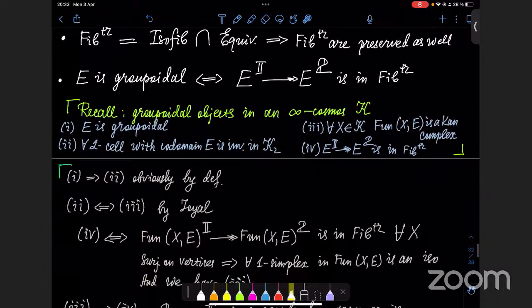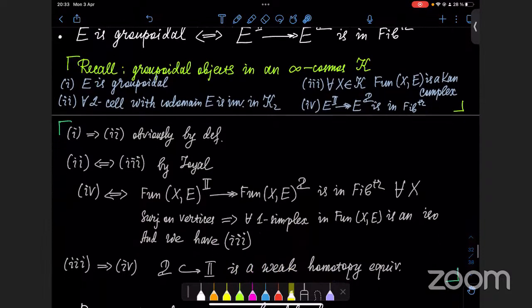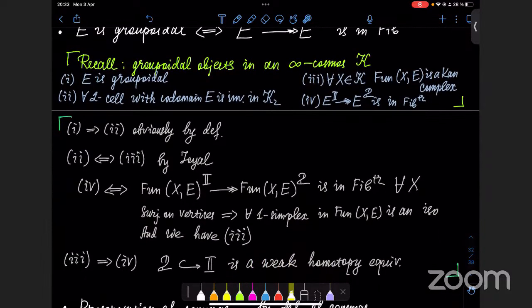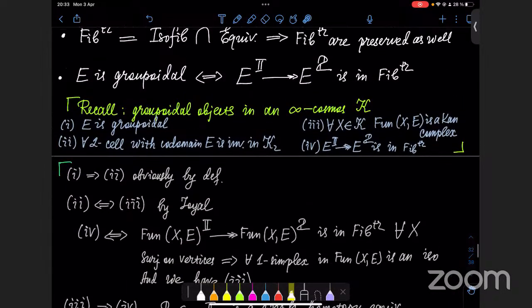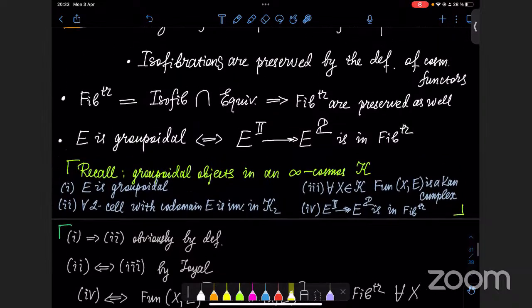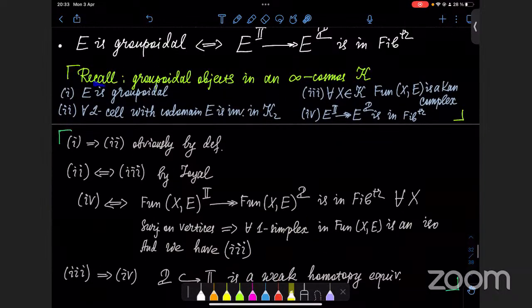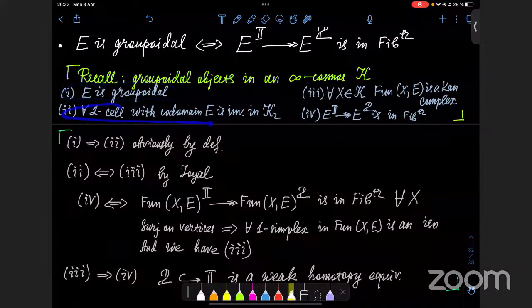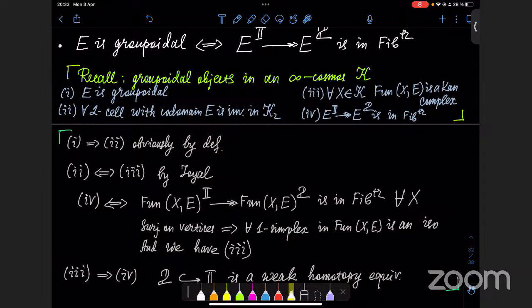Recall how to prove the equivalence of these conditions. From the first condition follows the second one, obviously by definition. If E is groupoidal, then any 2-cell is invertible. It's easy.